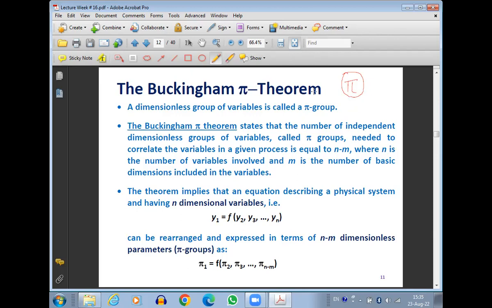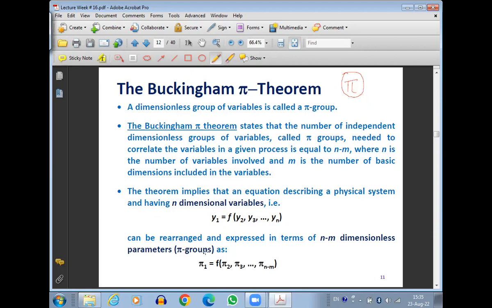The Buckingham pi theorem says that suppose you have a situation where one variable is dependent upon other variables, let's say from 2 to n variables. How many pi groups are needed?